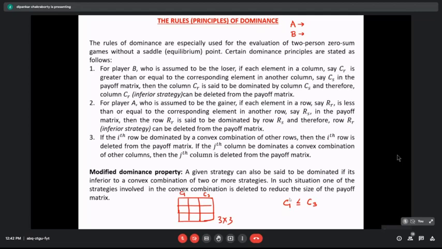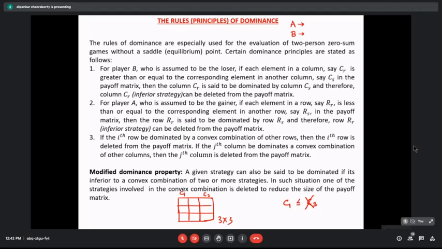Clear? So for player B, it is always better to delete that other column. And that is mentioned here: the column CR is said to be dominated by the column CS, and therefore the CR column can be deleted, where CR is greater than or equal to CS.